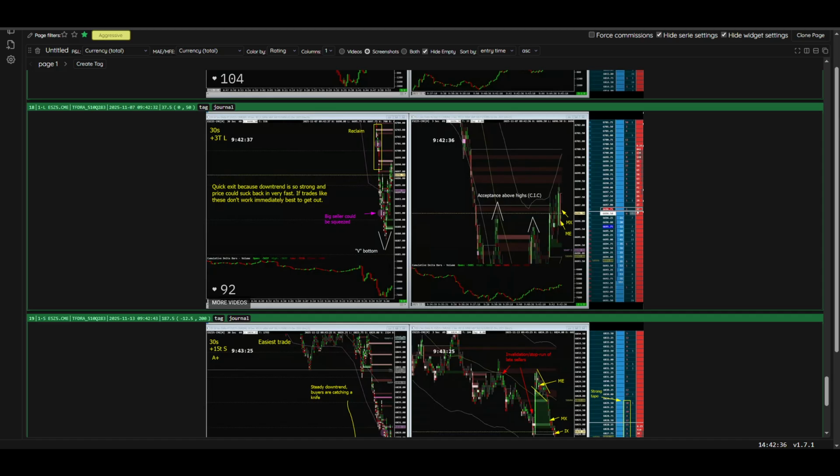Medium ranges create tons of slip ranges.